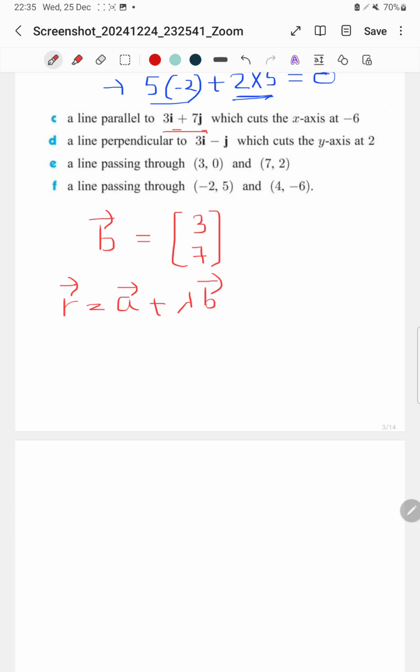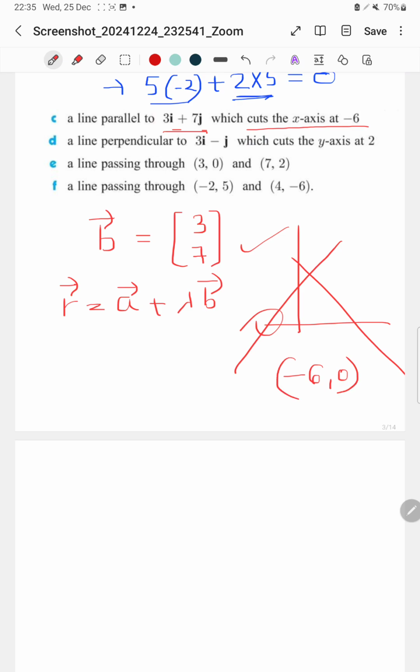Okay, now the question is, we have to find the equation of a line which is parallel to this one. So we have the direction vector, and the line cuts the x-axis at -6. If it cuts the x-axis at -6, so let's say it is -6, what will be its coordinates? -6, 0, and I am taking only the x and y because it's 2D.